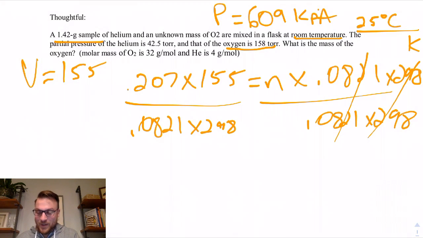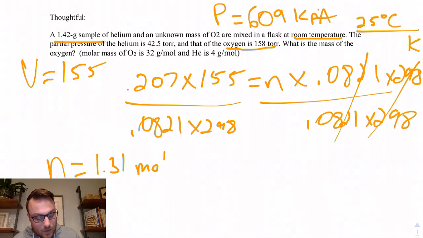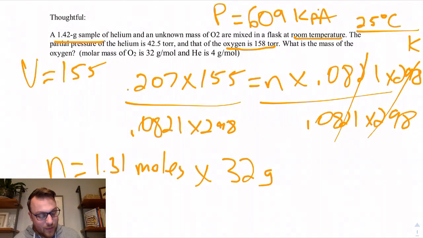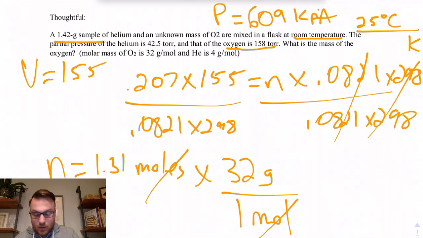And you'll get an n of 1.31 moles. And you know oxygen weighs 32 grams per 1 mole. Look at that dimensional analysis. Moles cancel, and you get 42 grams. So that's how you do it, PV=nRT-ing it twice.